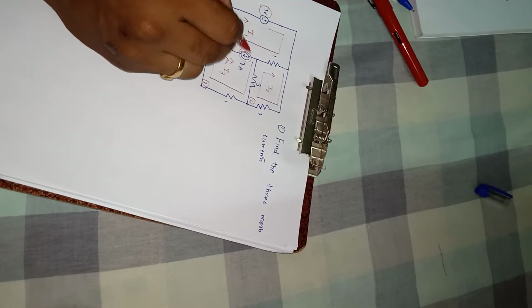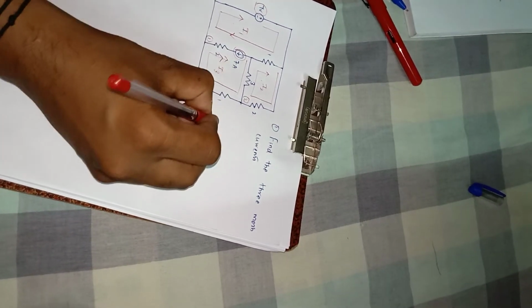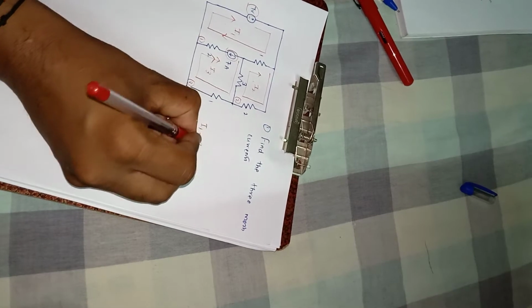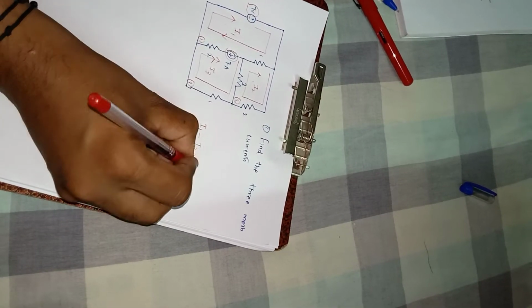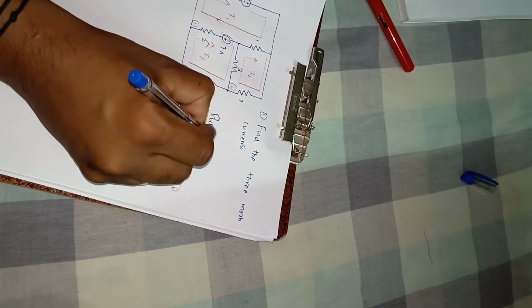So to lift out this 7 amps current source, I1 is in the same direction, so plus I1, and I3 is in the opposite direction, so minus I3. This should be equal to 7 amps. This equation is called equation number 1, and it is called the super mesh equation.